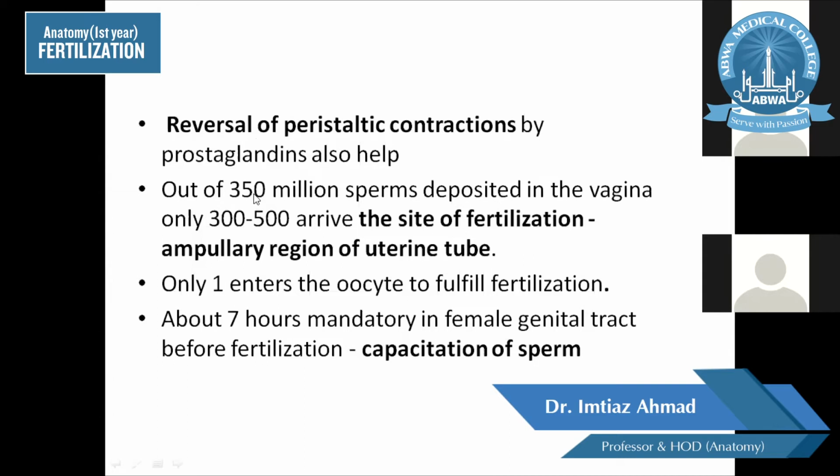At the time of ejaculation, about 3.5 milliliters of semen is deposited in the vagina, and each milliliter contains about 100 million sperm. So roughly, at the time of coitus, 350 million sperm are deposited in the vagina. But only 300 to 500 arrive at the site of fertilization, that is the ampullary region of the uterine tube.